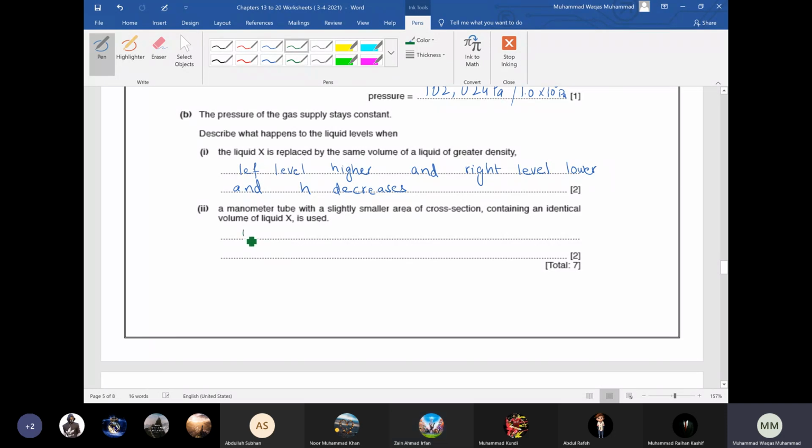So then both levels will be higher with the same H. Okay, so the height difference remains the same.